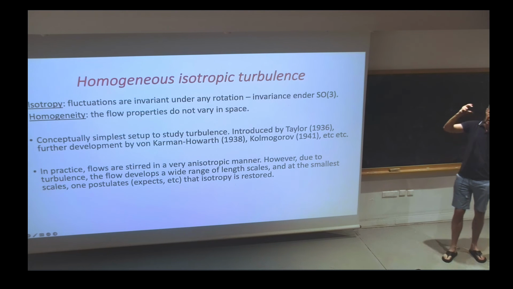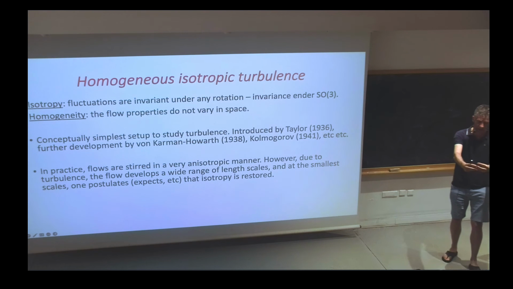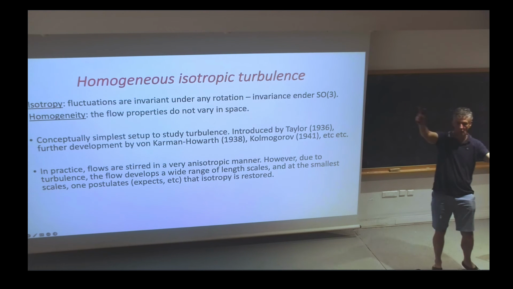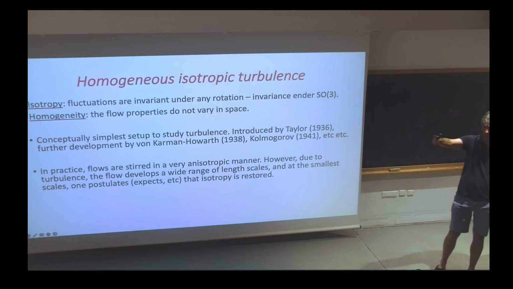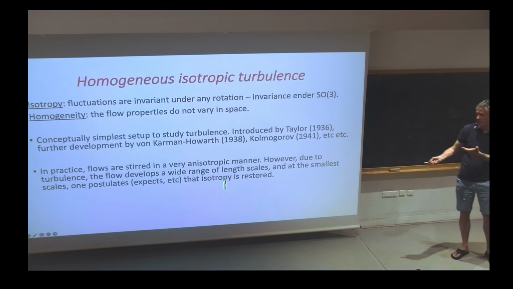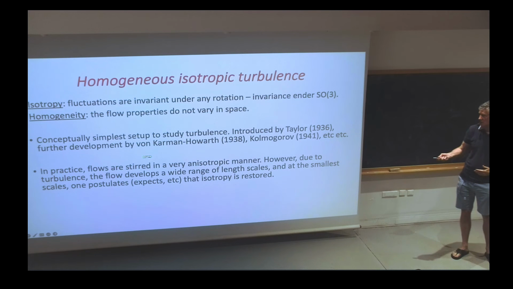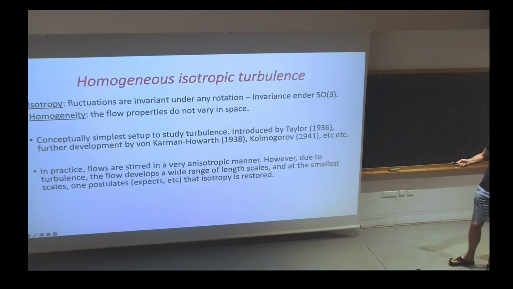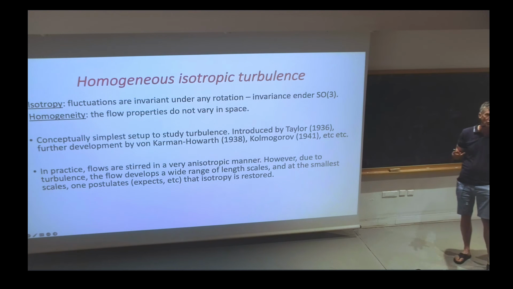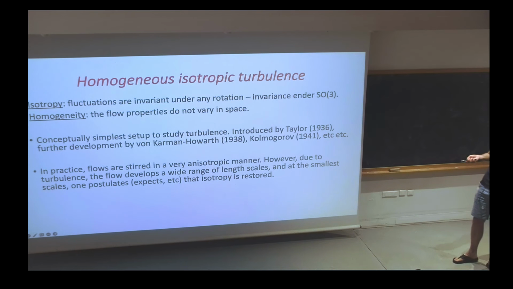So in other words, as you look at finer and finer scales, they will not remember who was generating them and become more isotropic. That's effectively the underlying assumption that was very clearly written by these great people who understood that, of course, the flows that an engineer has to cope with have nothing to do with that.